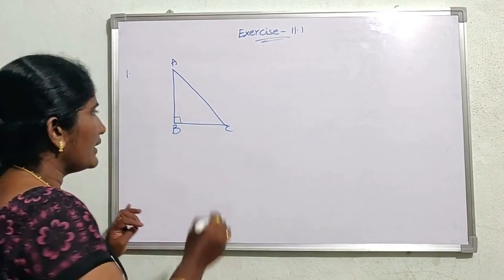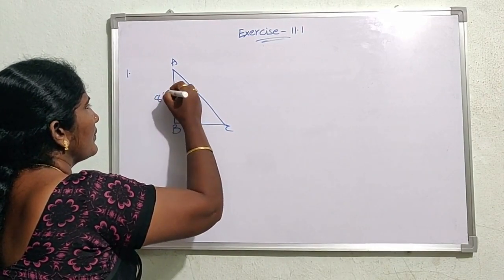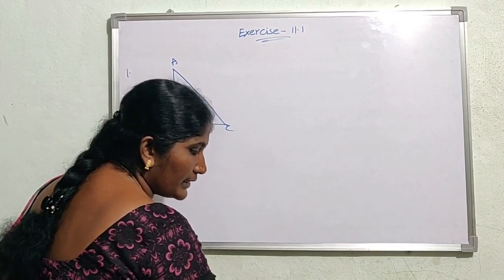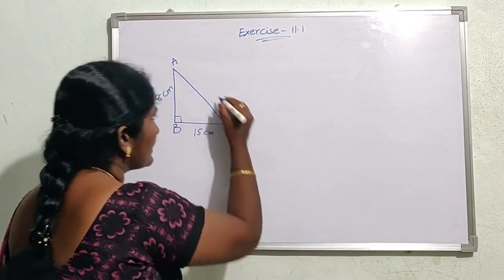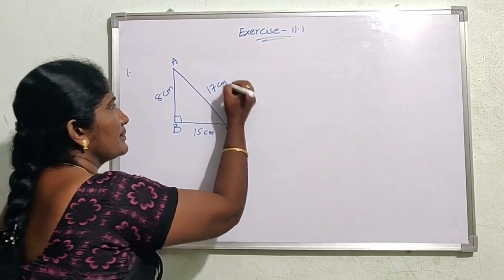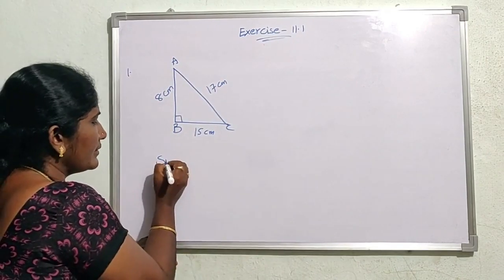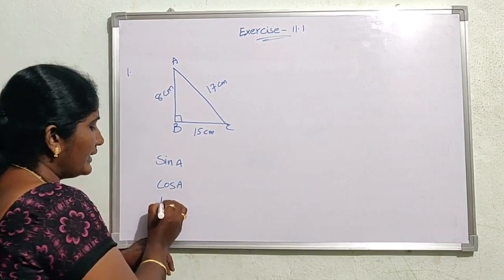Length of AB is 8 centimeters. Length of BC 15 centimeters. Length of AC 17 centimeters. And they asked to find out sin A, cos A and tan A.